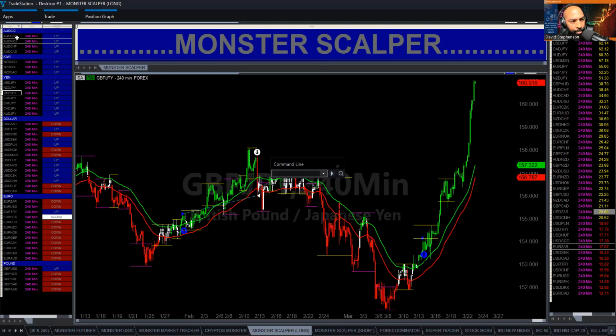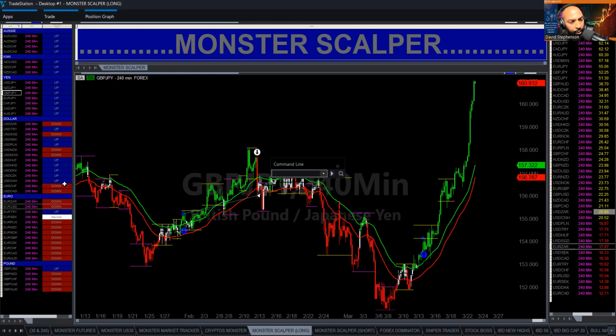So as an example, all the pairs are in here. Most traders, guys, only focus on 1, 2, 3 pairs. We can track all 40 pairs and we know in real time what the pairs are doing. If they're trending up, if they're trending down.